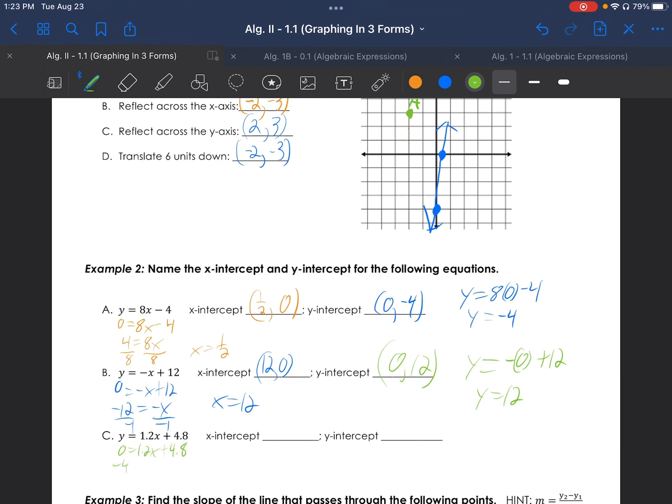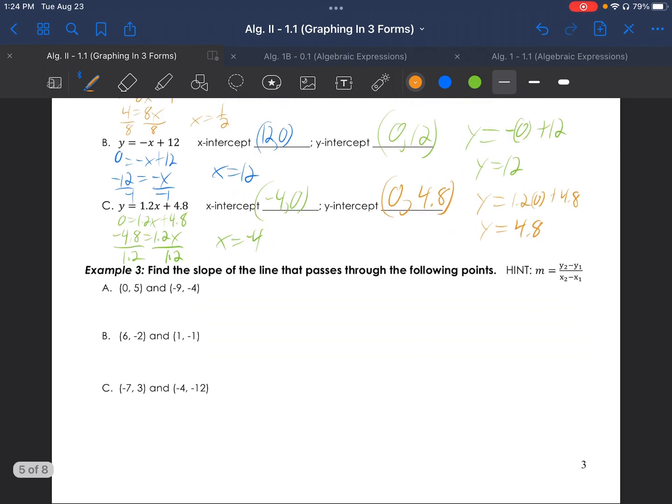Subtract 4.8 from both sides and divide by 1.2. X would be -4. So you get (-4, 0). And then the y-intercept. Y equals 1.2 times 0 plus 4.8. Well, anything times 0 is 0, and 0 plus a number is the other number. So y is 4.8, leaving us (0, 4.8).